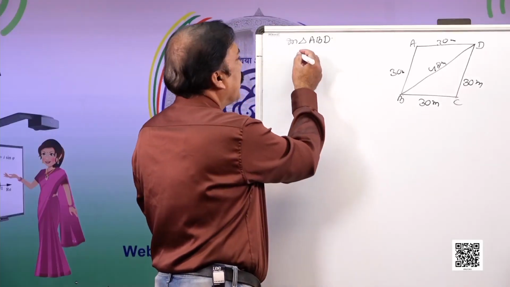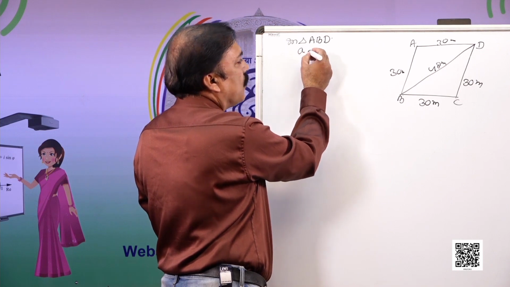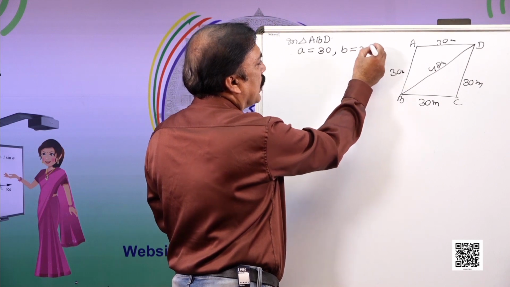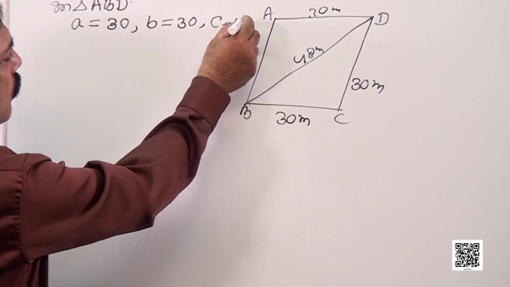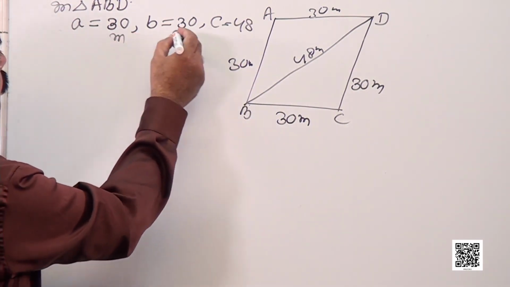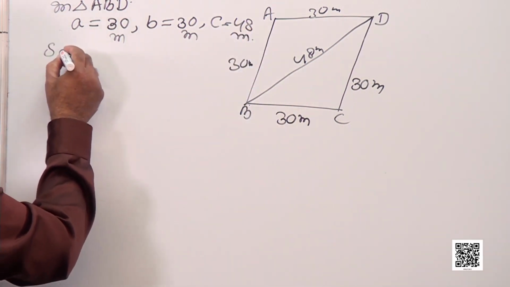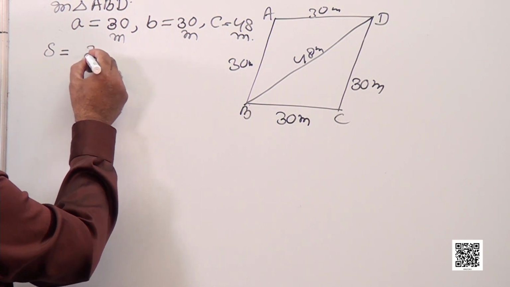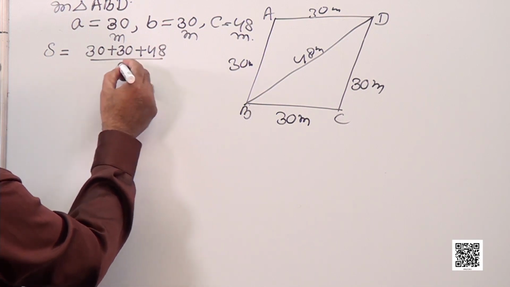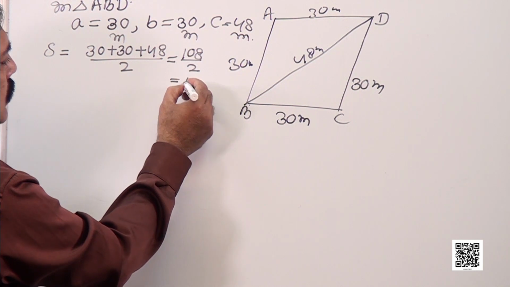If we assign the sides as a, b and c, we can write a equal to 30, b equal to 30 and c equal to 48, all in meters. So what is the semi-perimeter? s is equal to (30 plus 30 plus 48) divided by 2, that gives 108 by 2, that is 54 meter.